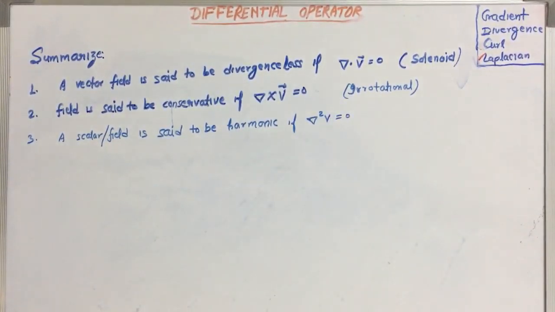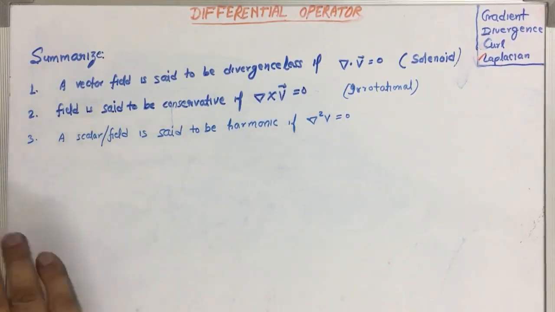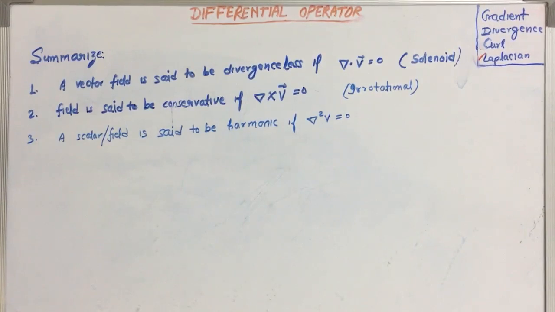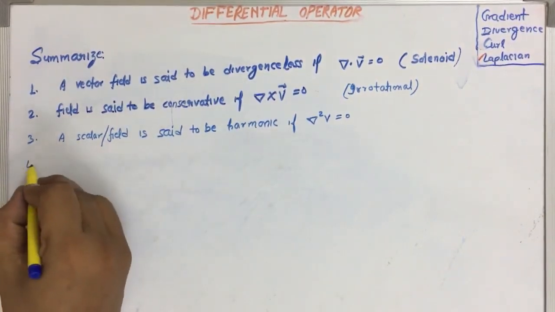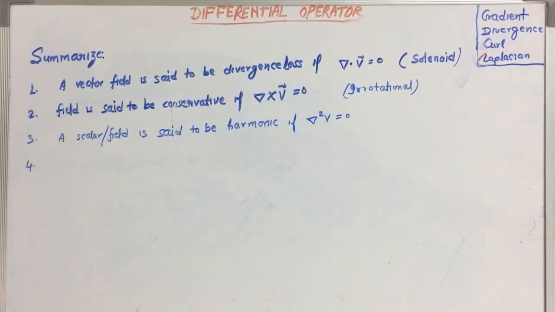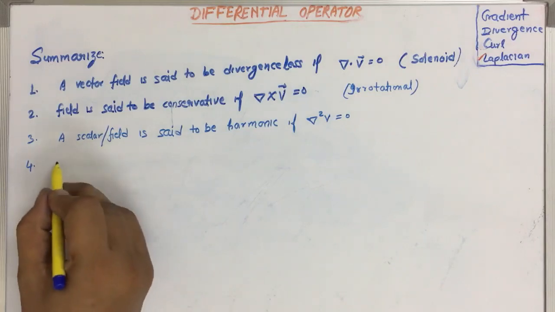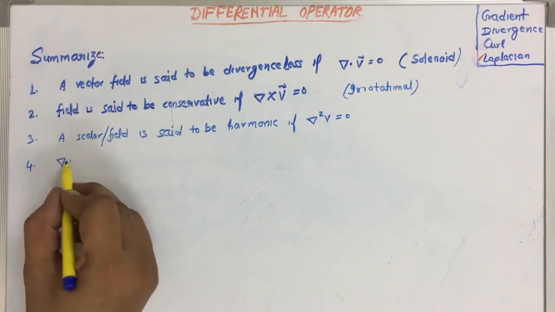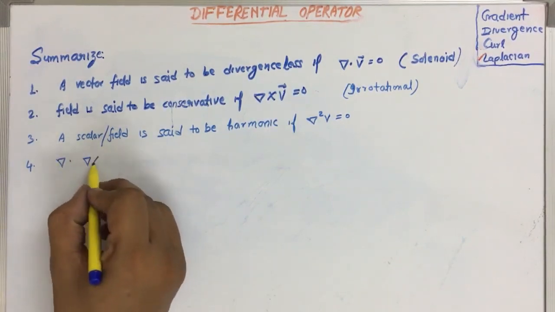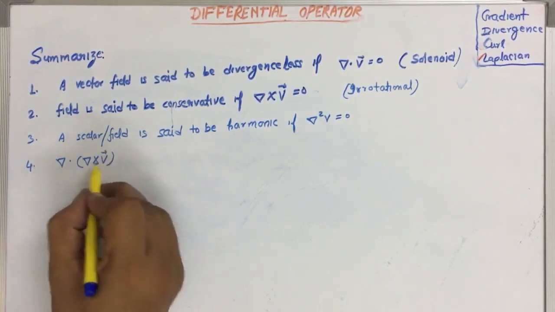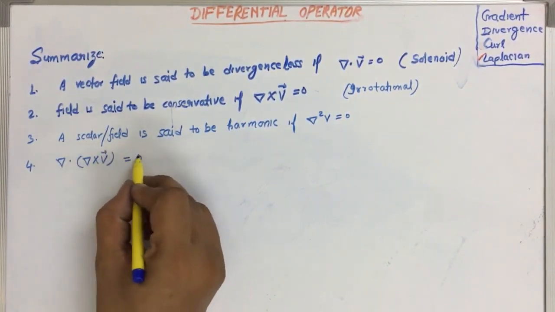So if we find the Laplacian and we get 0, then it means that it is harmonic. The next point that we should note down is that the divergence of curl of any vector is 0.